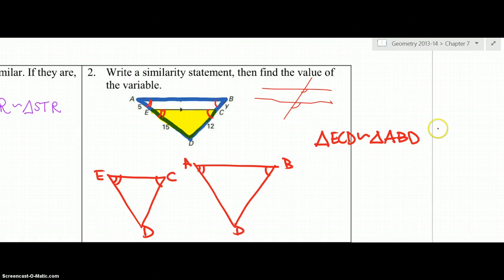Our reason would be angle-angle similarity. Okay. Again, this one has extra information. If you marked angle D congruent to itself because of the reflexive property, that's great too.